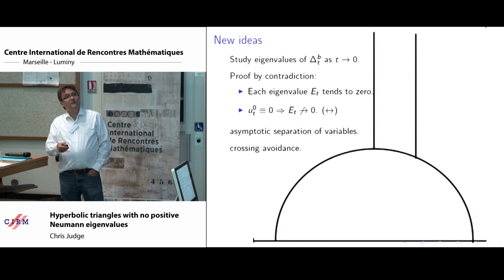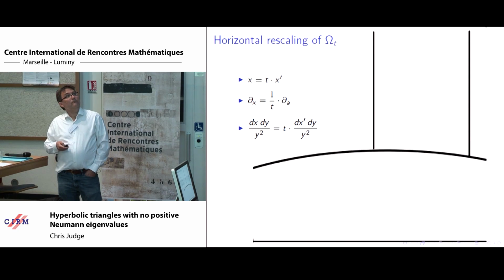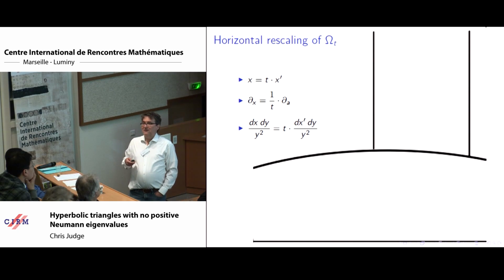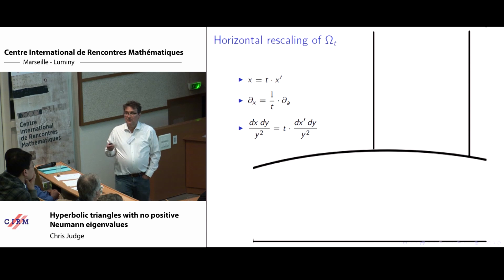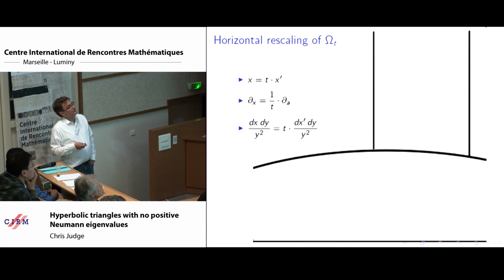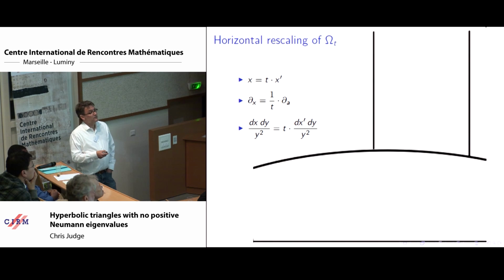We're going to collapse this width to 0, and so in the limit we're going to basically have a line. But we're not actually going to collapse. Instead, we're going to keep the domain fixed and collapse the operator. So we're going to look at it slightly differently. We're going to rescale first all the omega_t's so that they have width 1. So we're going to get the right scaling.